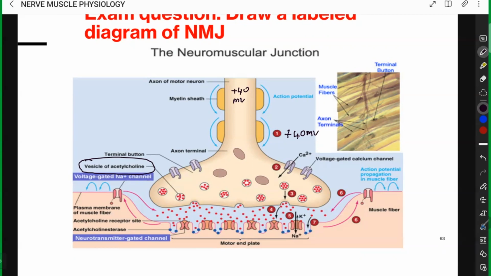At this terminal button, you have channels called voltage gated calcium channels.